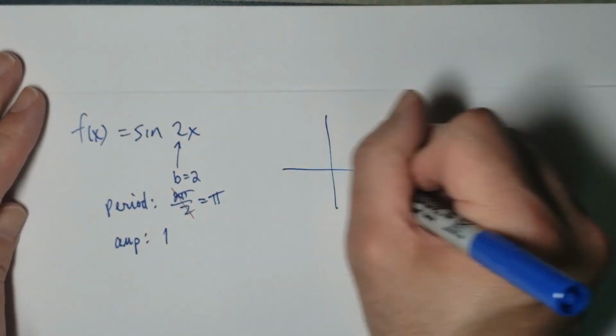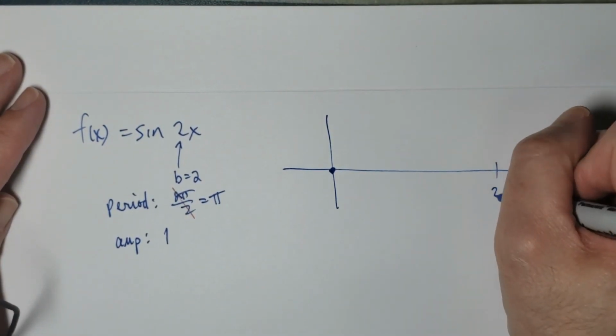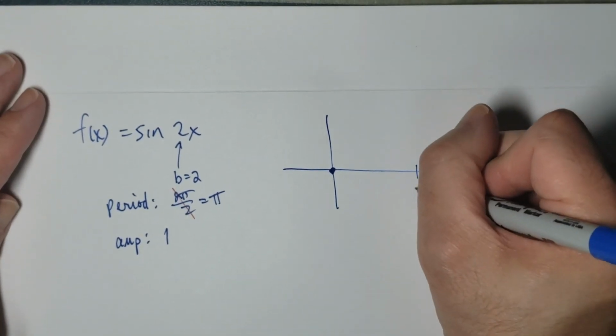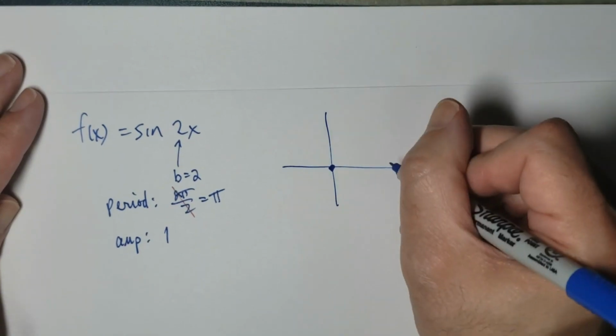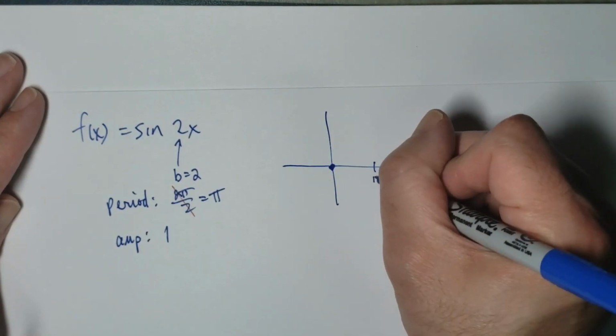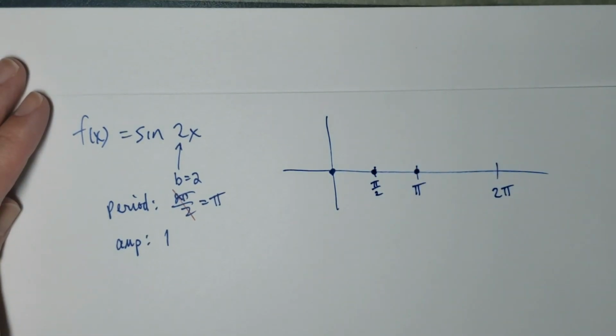That's just a 1. So now when we go to graph it, start at the origin, move over the period. So typically we'd go on to 2 pi, but we're going to go to pi, because that's the period. Put our second point. Halfway in the middle, we're going to put our third x-intercept.